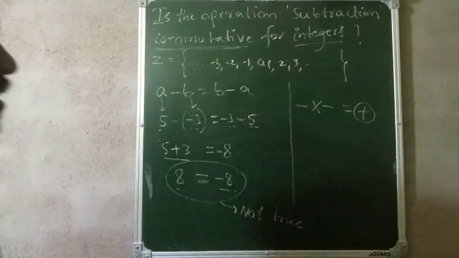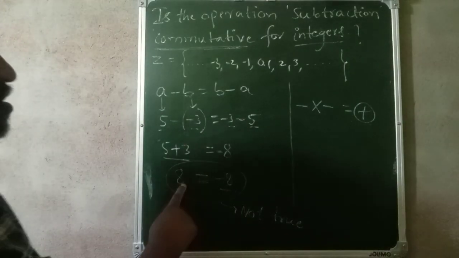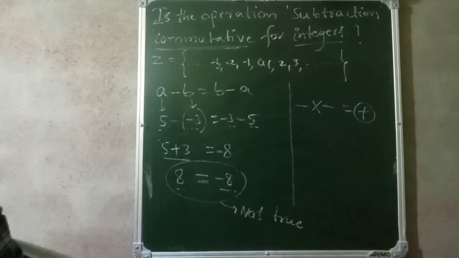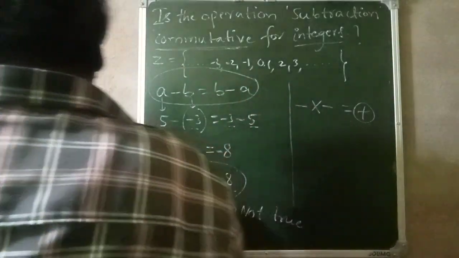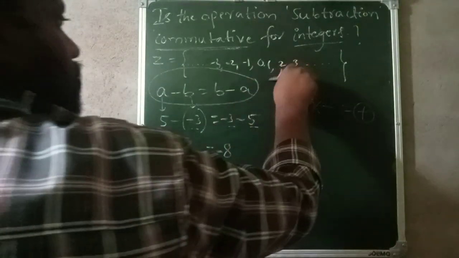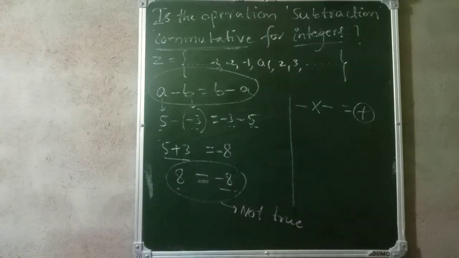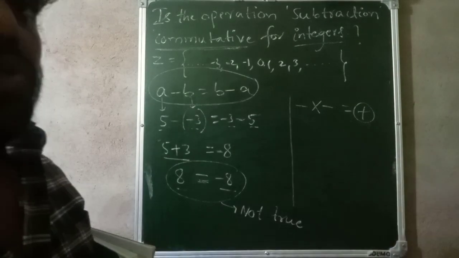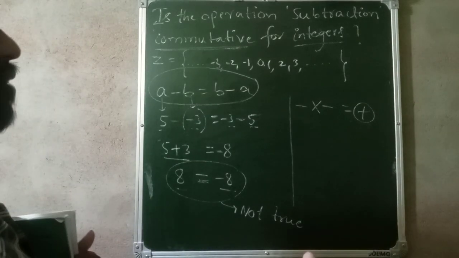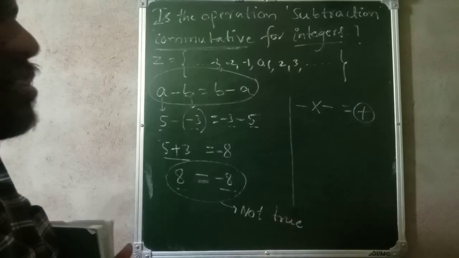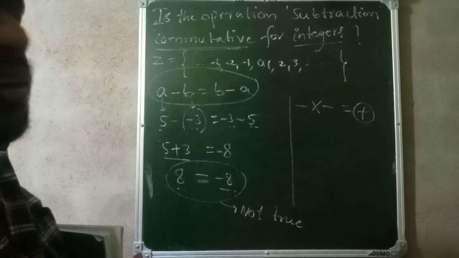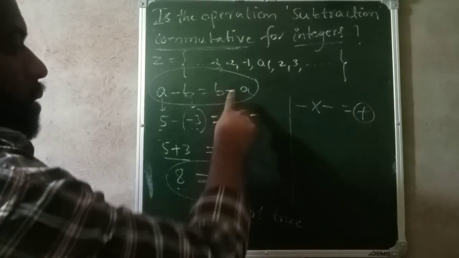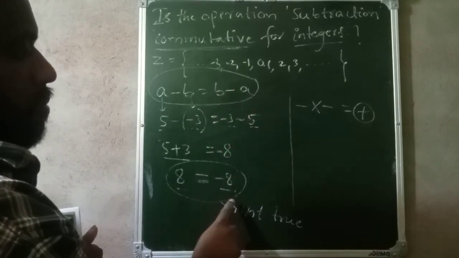It is not true. Since this is not true, this is also not true. We just verified, by taking example numbers for A and B, that this is not true because we got a wrong statement.